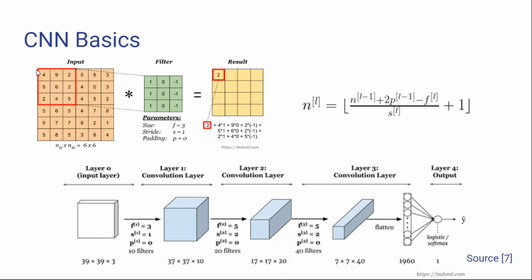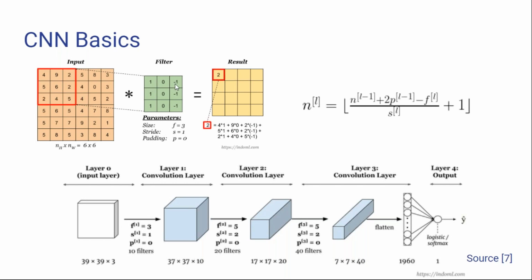So this is a given input image which has nh number of rows and nw number of columns, and then you do a convolution operation on this image using a convolution filter. You place this filter on top of the image, and you do an element wise multiplication and then sum it up and put it into the pixel here.